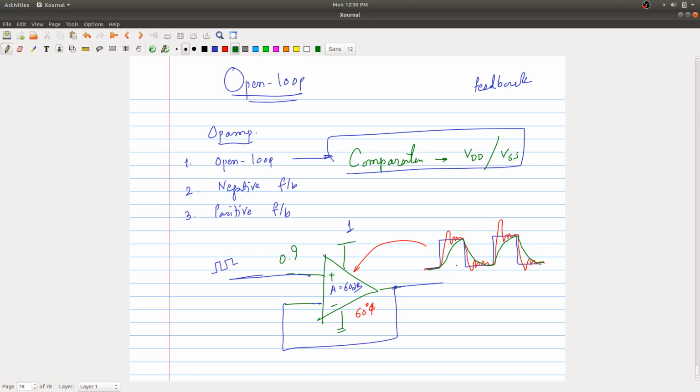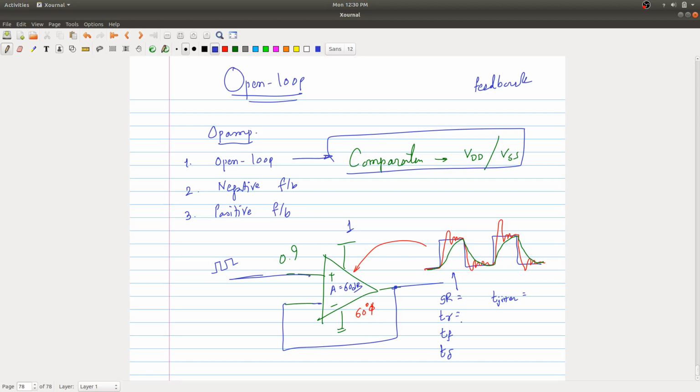So just to see whether your ringing and all these things are happening as per your expectation or not, you have to keep your op-amp in negative feedback, which can measure the following things. You can measure slew rate, right? You can measure rise time, fall time, delay, jitter, right?